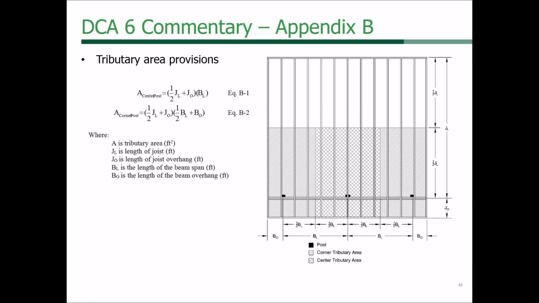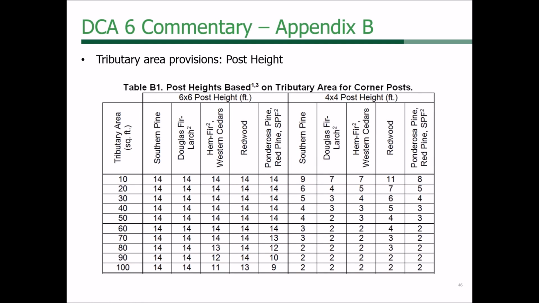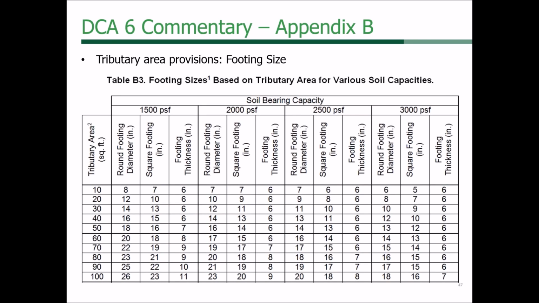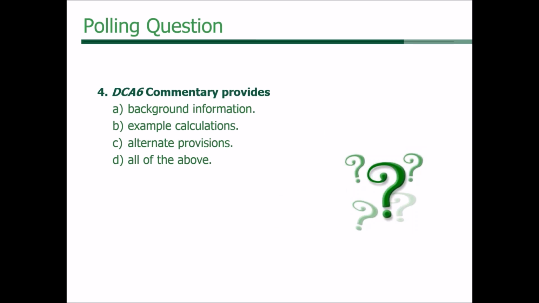So if you don't have as large overhangs, you might end up with a more optimized design if you go into Appendix B and say, okay, this is my tributary area, I'm going to figure that out, and then I can say, this is my post height based on that. And the same thing can be done for footing sizes, again with the different soil bearing capacities.